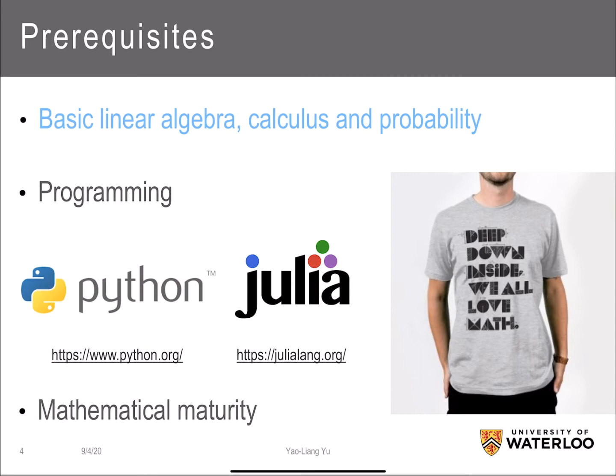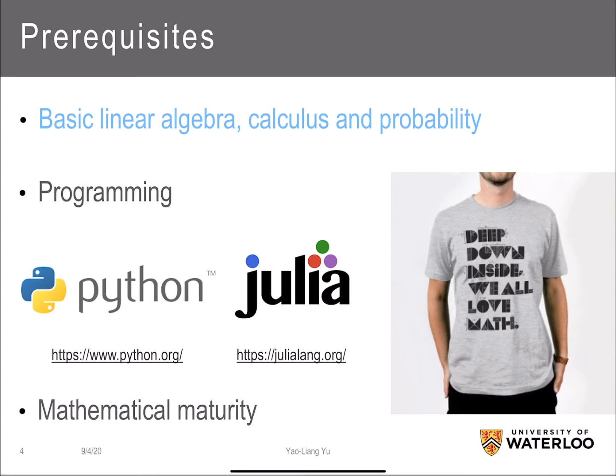We will also do quite a bit of programming in this course, because we want you to practice all the algorithms we talk about. We allow you to use two programming languages: one is Python and one is Julia. Both of them are popular in data science. Python is the most dominant programming language in data science, so if you want to have a career in data science, you really must learn Python.